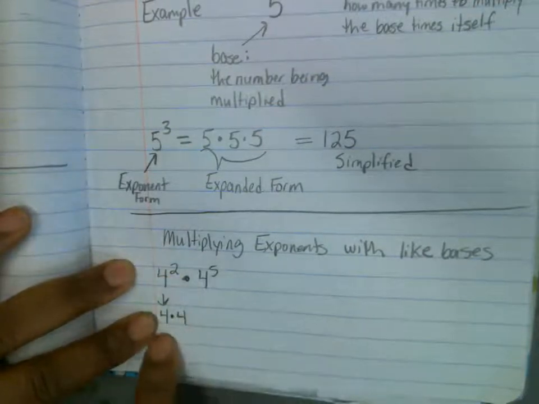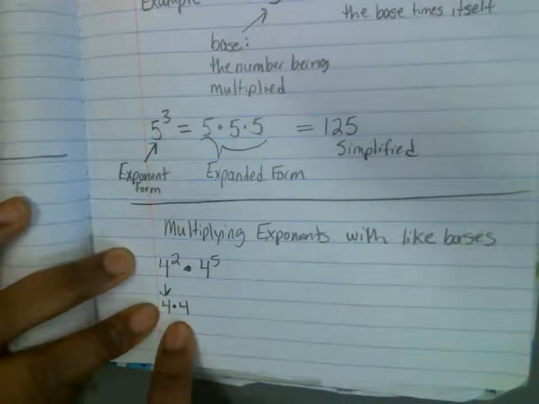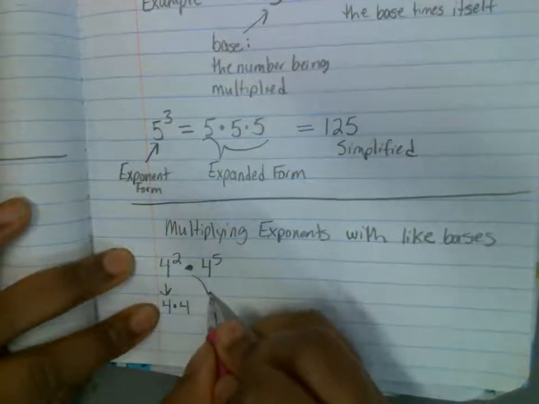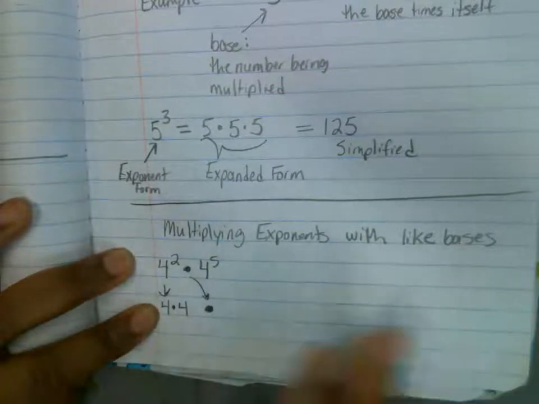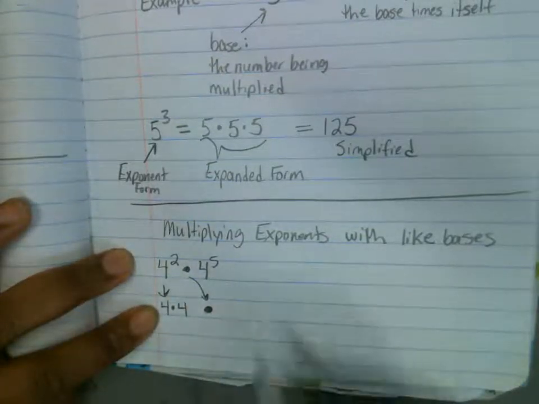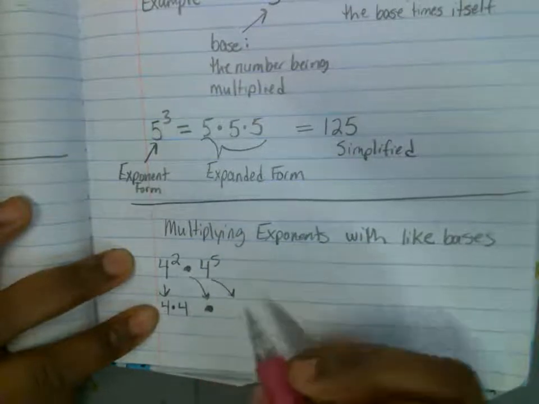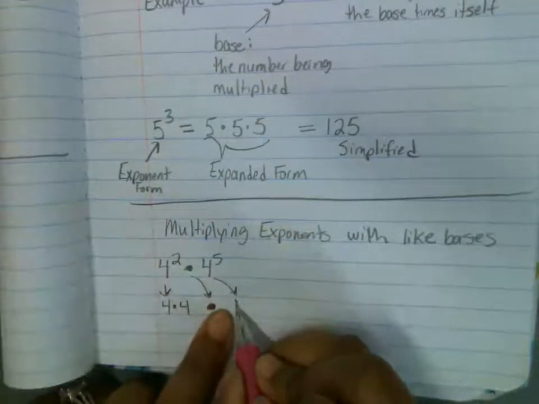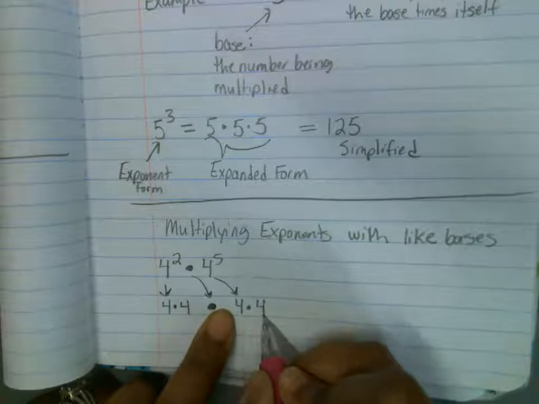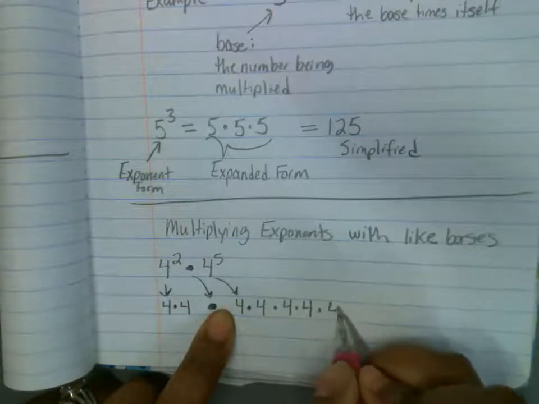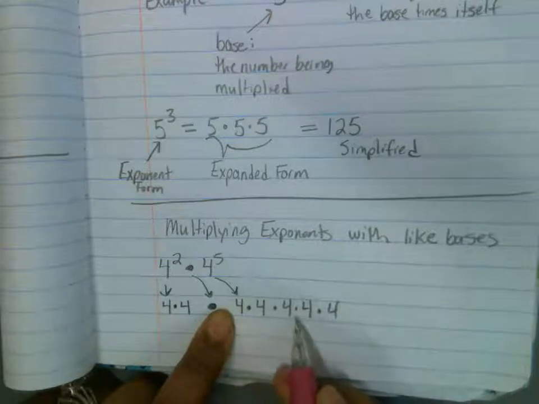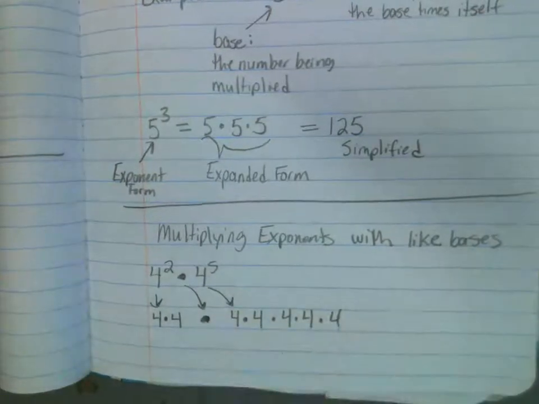Any questions about this? Then bring down the times. And 4 to the fifth power is the same as 4 times 4 times 4 times 4 times 4. 1, 2, 3, 4, 5 times. Do you see that?